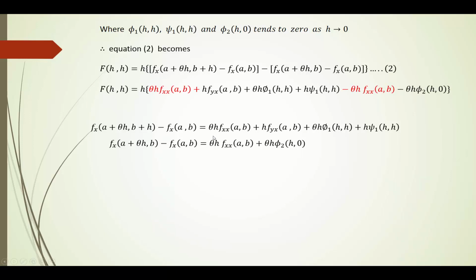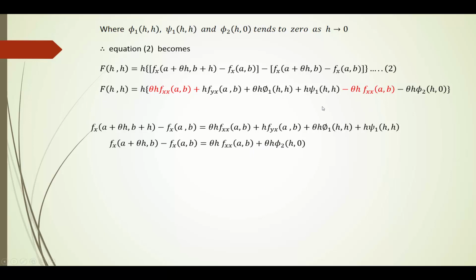Therefore we get f of h equal to h into bracket. Value of this first bracket is theta h f_xx(a, b) plus h into f_yx(a, b) plus theta h phi_1(h) plus h into psi_1(h), minus of value of second bracket is this one, outside the bracket minus sign, so both the terms are minus theta h f_xx(a, b) minus theta h phi_2(h, 0).